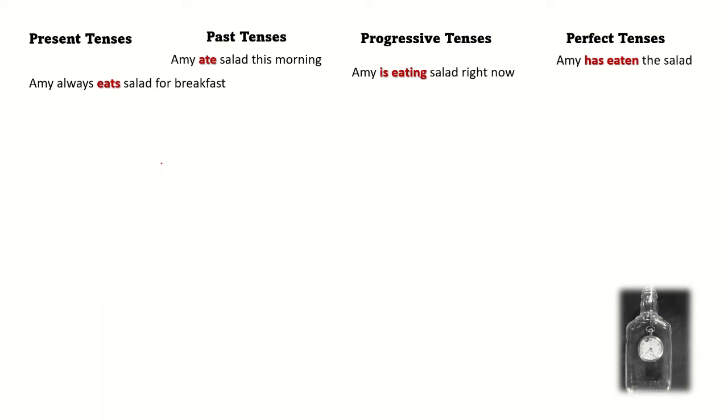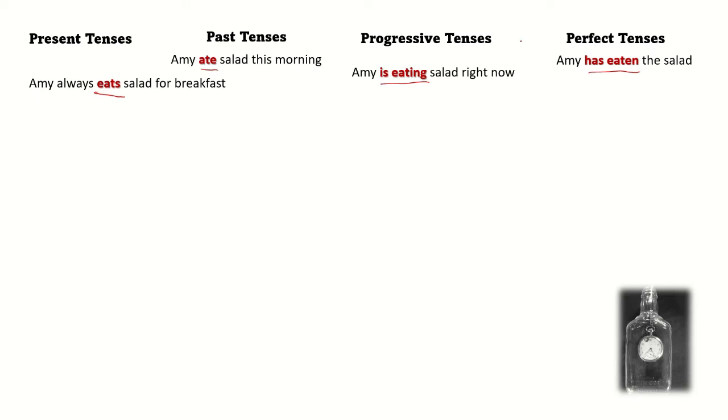Okay, you see here, in these four sentences, the only part of the sentence that changes is the predicate. This one, this one, this one, and this one. This is what I mean by the changes in tenses only affect the predicate.